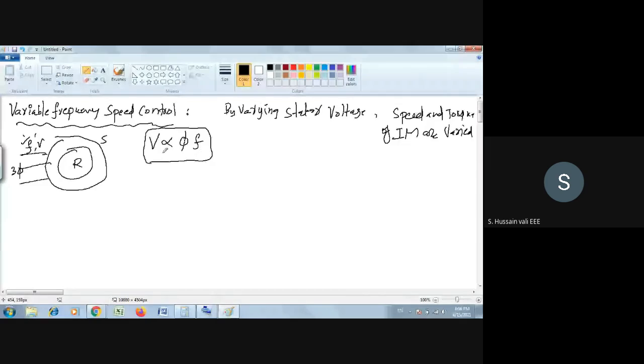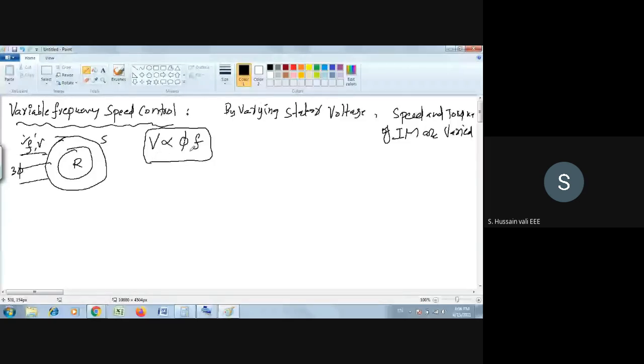You have a sinusoidally varying AC supply and you give that to the winding, so transformer action is there. Your stator also has winding and you are giving AC supply. So what is the EMF induced? That induced EMF is the voltage. If you neglect the losses, EMF induced and the voltage are the same, proportional to the product of flux and frequency. I hope you know this equation.